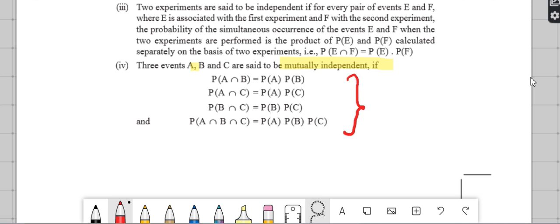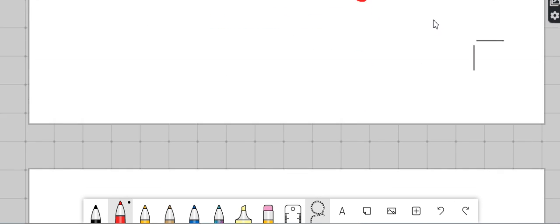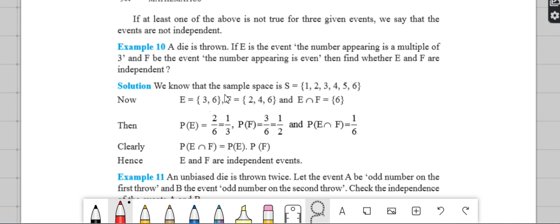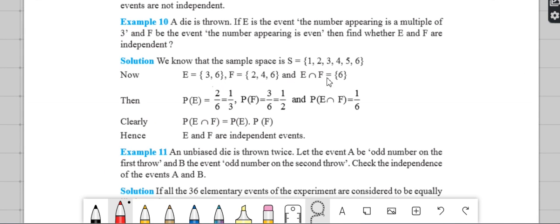Number 1, P of A intersection B equals P of A into P of B. P of A intersection C is equal to P of A into P of C, and similarly for B and C. And one more thing, for all three, P of A intersection B intersection C is equal to P of A into P of B into P of C. So please kindly go through this.